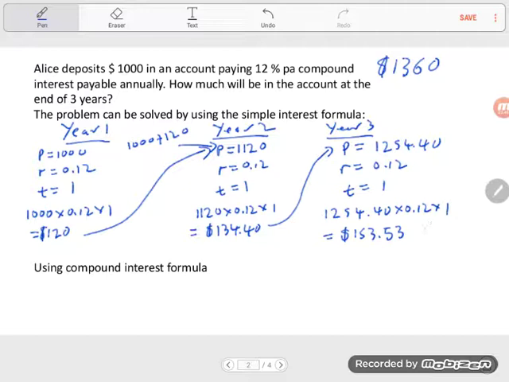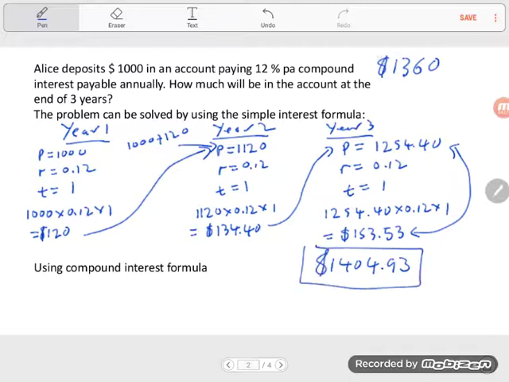So when we add that to this principal here, we finish with $1,404.93. So we can see that if the money compounds year on year, it adds up to more than what the simple interest would for the same conditions.